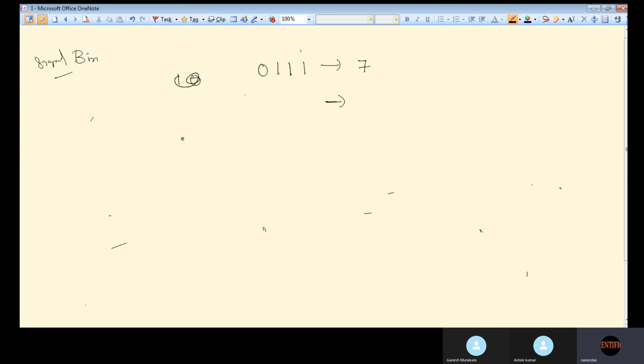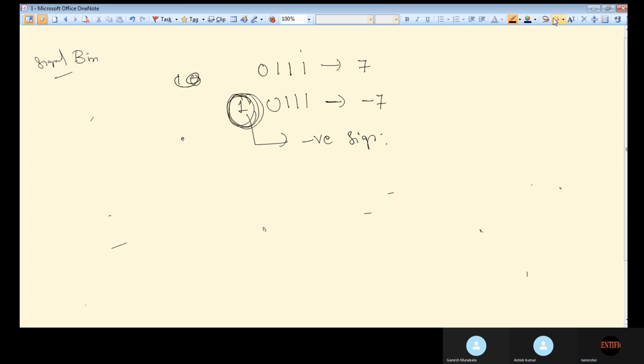If you want to represent -7, you need to append the MSB with 1, giving 1 0 1 1 1. So this 1 is representing the sign, the negative sign.